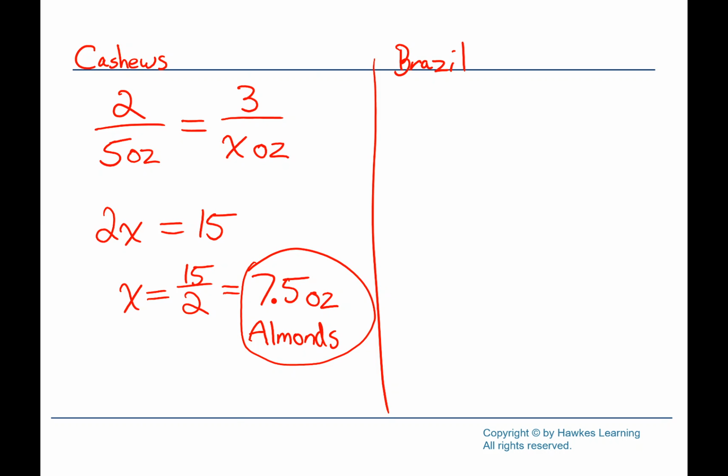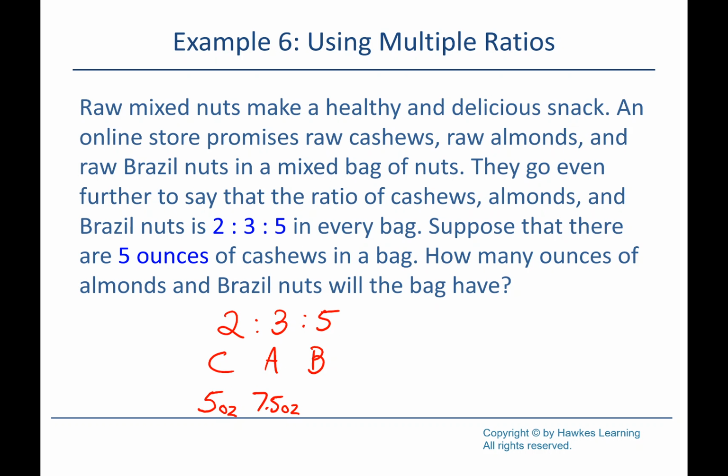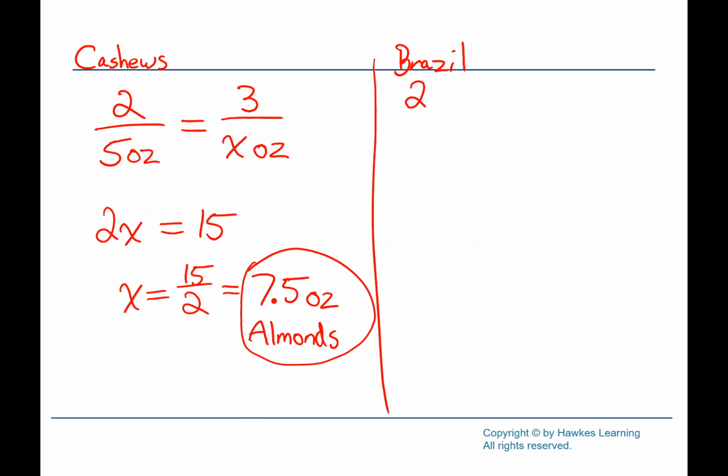What was our number? 2 to 5 ounces for cashews. And then our ratio number for Brazil nuts is 5. And we don't know how many ounces that's going to be yet. Okay. And then do it just like the last one.